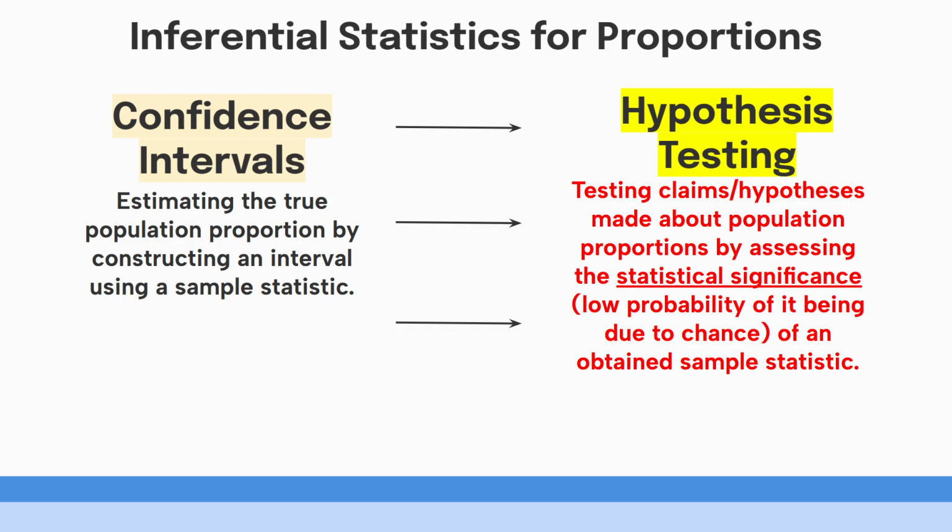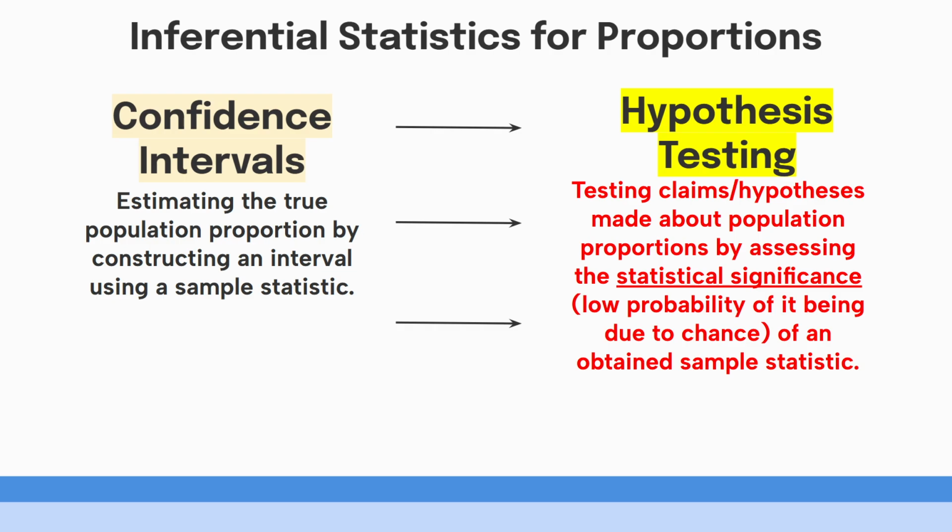So we're testing the claim of, let's say, the population proportion is greater than this. And then you test that by obtaining a sample statistic, and we see through our hypothesis test how unlikely that sample statistic is. We see the statistical significance of it, and we'll go over more about what that is.